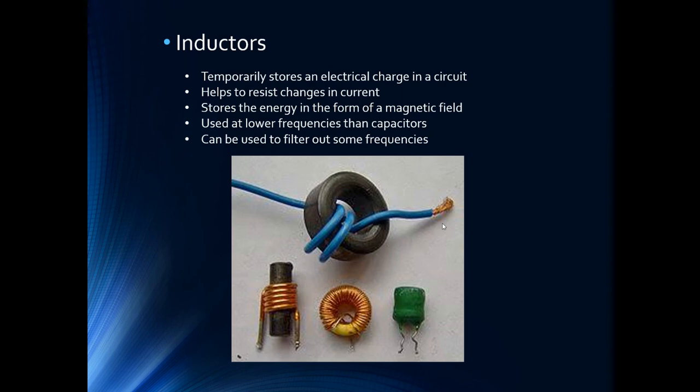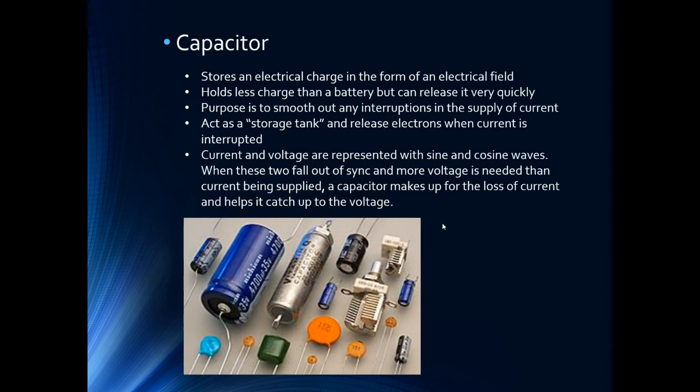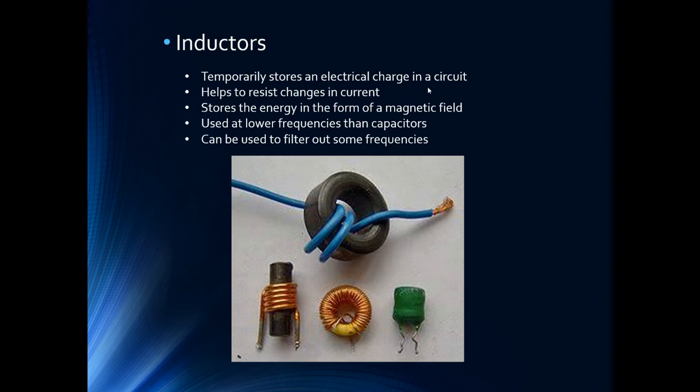It helps to resist changes in current, but a capacitor stores an electrical charge in the form of an electrical field, whereas an inductor actually stores it in the form of a magnetic field. It's used at lower frequencies than capacitors, and some can actually be used to filter out some frequencies.